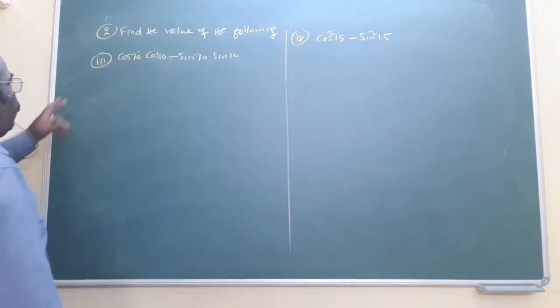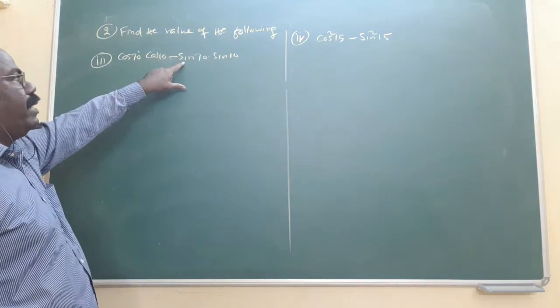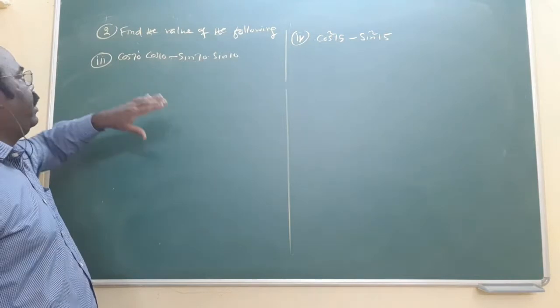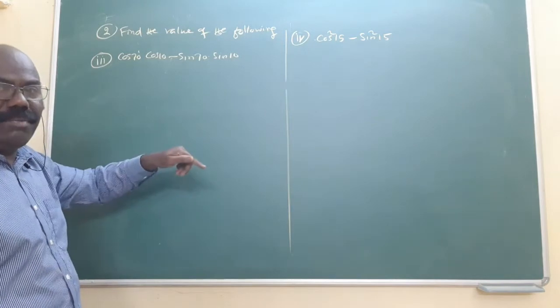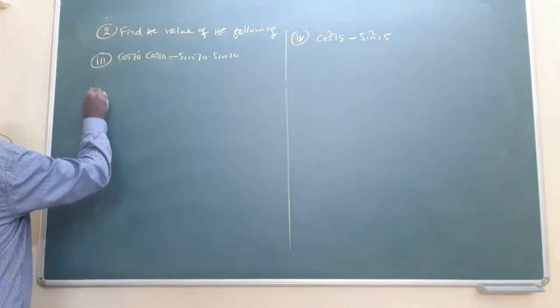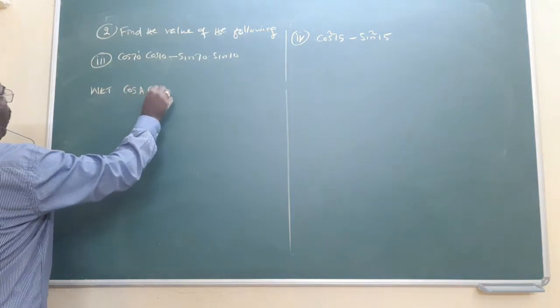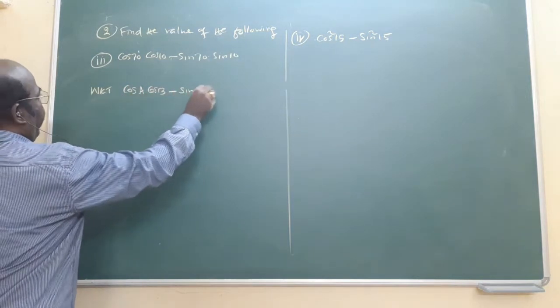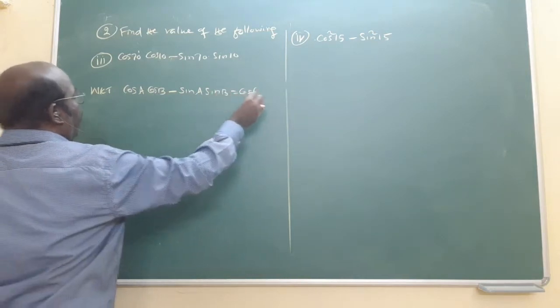Now, the third subdivision: cos 70 degree cos 10 degree minus sin 70 degree sin 10 degree. It is of the form cos A cos B minus sin A sin B. What is the formula? We know that cos A cos B minus sin A sin B equals cos(A plus B).